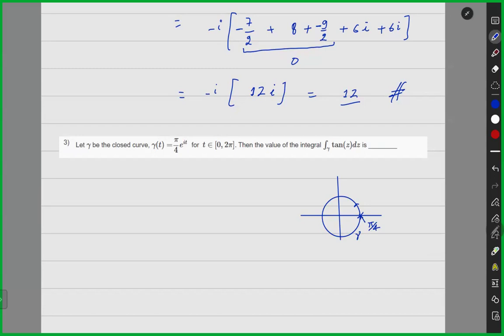So what do you know about tan z? Is this a holomorphic kind of entire function or not? You can unmute and tell me. Tan function, is this an entire function?